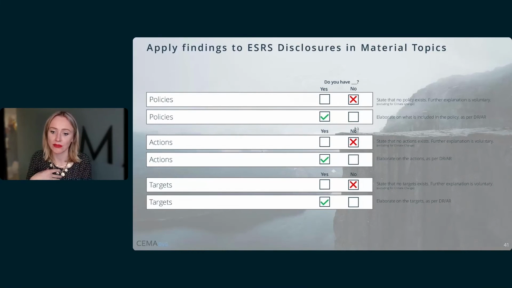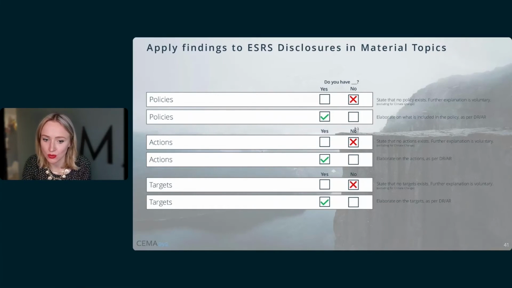So I'm not going to get too much into this, but this is very handy to think about when you're trying to determine when we should start preparing for CSRD. As we talked a little bit about in the beginning, it is all about policies, actions, targets, and metrics, right?